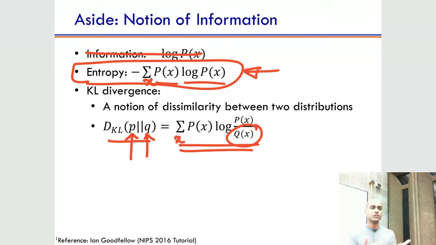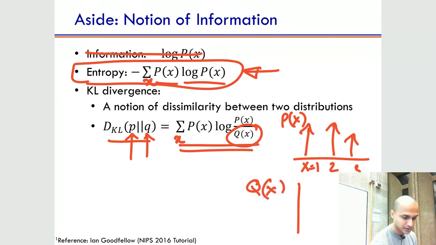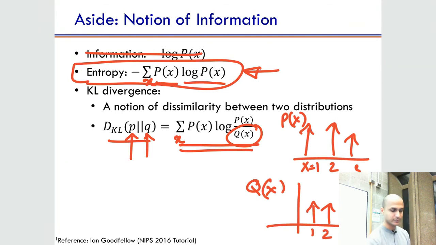Both probability mass functions should have the same support, as in if probability of 1 is something for p, then probability of 1 is something for q as well. So think of this as p of x for x equal to 1, 2 and 3. Similarly, q of x would be something else, for 1, 2 and 3. Given these two probability mass functions, you can compute this number.